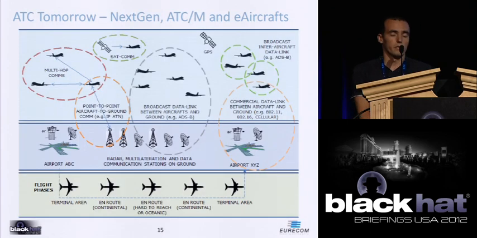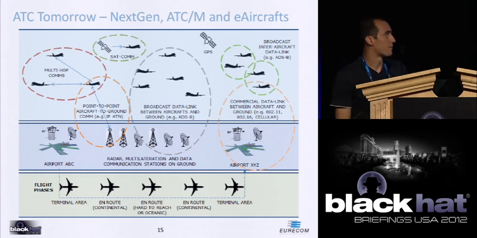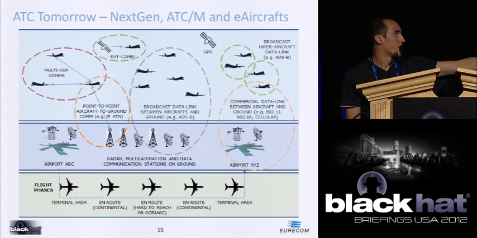What ATC is foreseen to look like is called next generation ATC/ATM, which is air traffic control, air traffic management, and E-enabled aircraft. So basically, you can see that from airport ABC down to airport XYZ, the plane takes various phases like terminal area, en route over ocean or hard-to-reach areas, again en route and terminal areas.